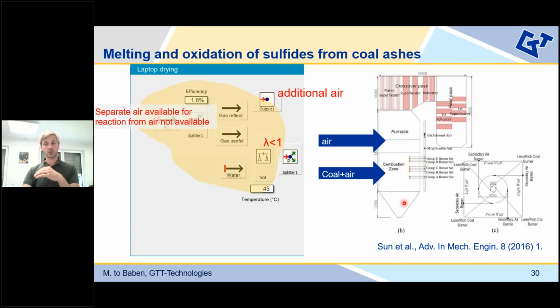And at the lower part, we would expect that we have a lambda which is smaller than 1, and so this is the part where actually sulfur can be important for the melting of the coal ashes.